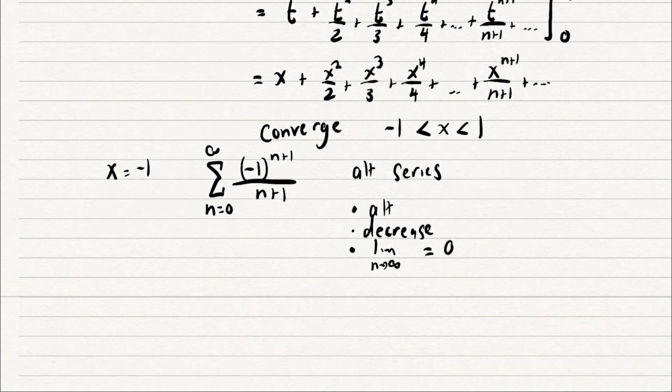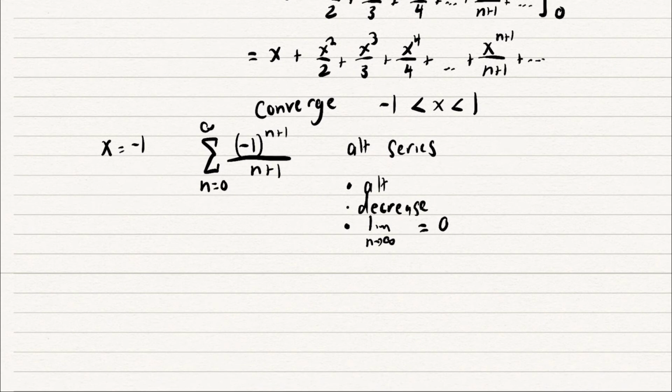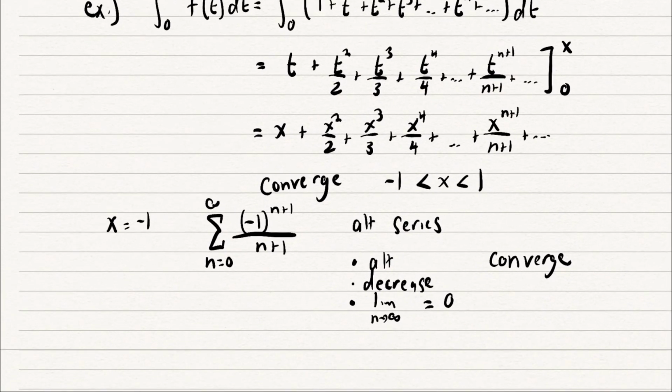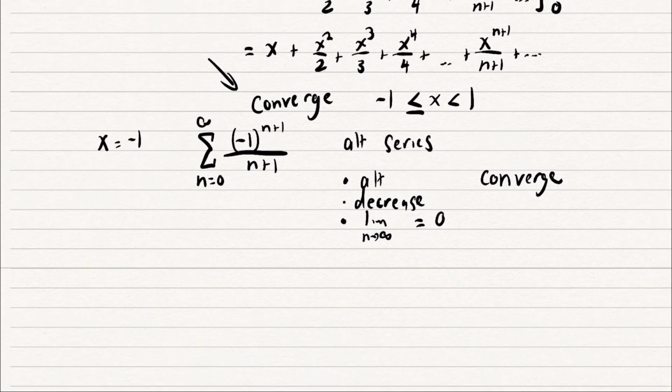And so, because of the alternating series test, we can say that this does converge. So we're going to have to go back to our inequality right here and put a less than or equal to -1. So that does converge.